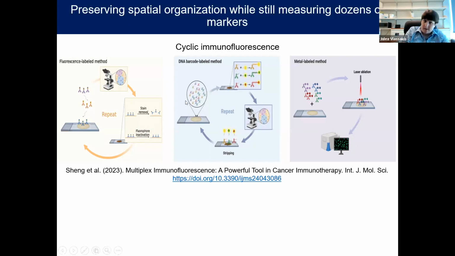There are also methods with cyclic immunofluorescence that utilize these DNA barcode labeled antibodies. So similar to what I showed earlier with the SICMIST, but one thing I want to mention about DNA barcoded antibodies is that beyond this fluorescence readout, there's increasingly methods that are using DNA barcodes in sequencing-based readouts to quantify protein levels. And so definitely be aware of those as well.